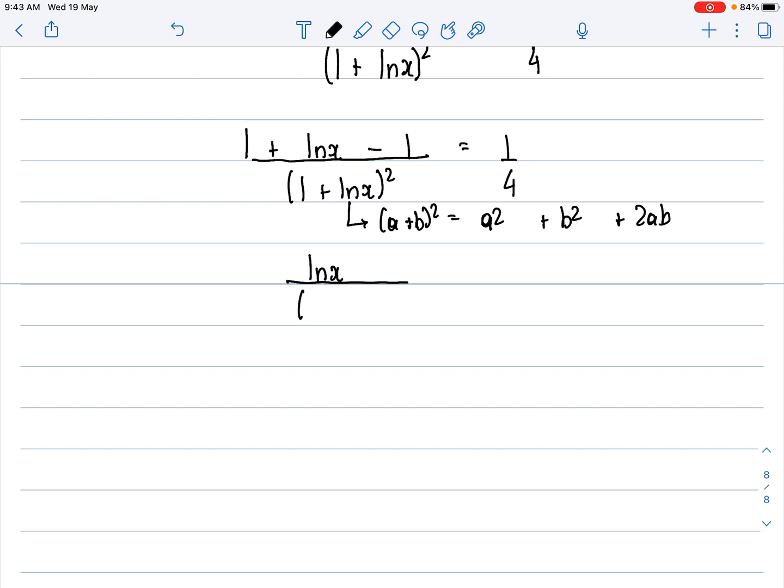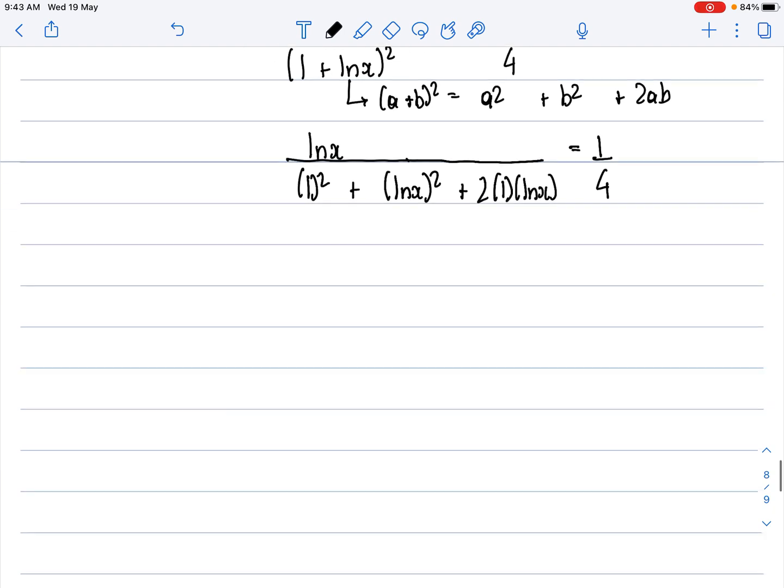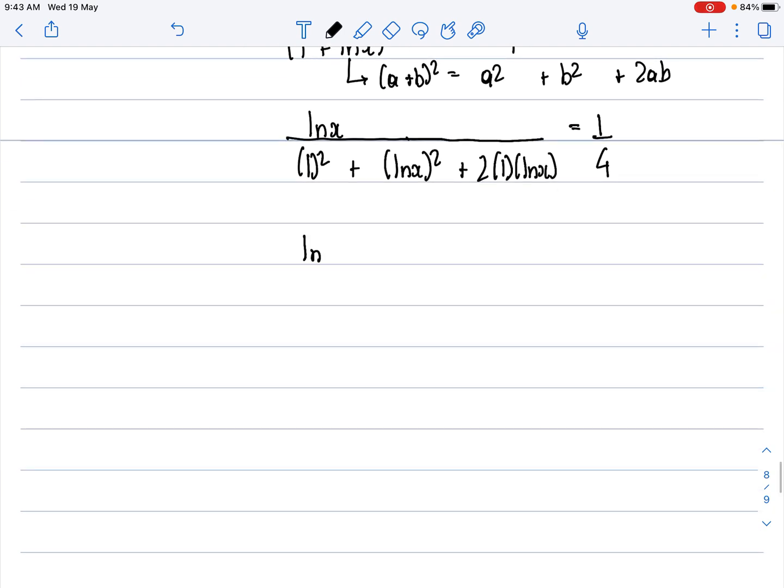So the denominator is 1 square plus ln x the whole square plus 2 into 1 into ln x, which is equal to 1 over 4.